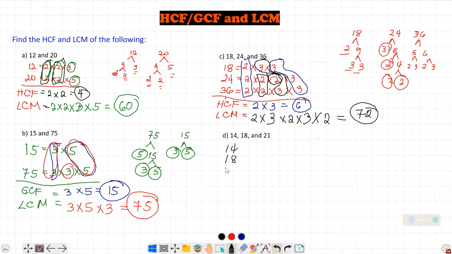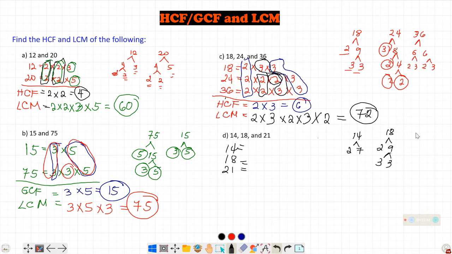18, and 21. Again, we will be writing all the prime factors of each number. So for 14, it's 2 times 7. And then for 18, that will be 2 times 9, and 9 can also be 3 times 3.